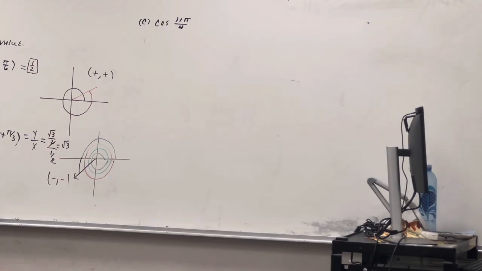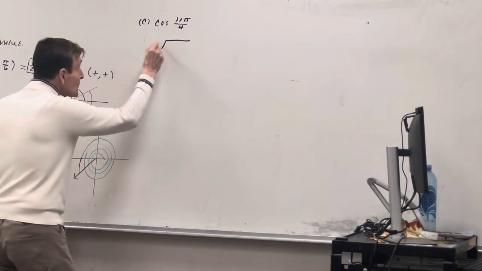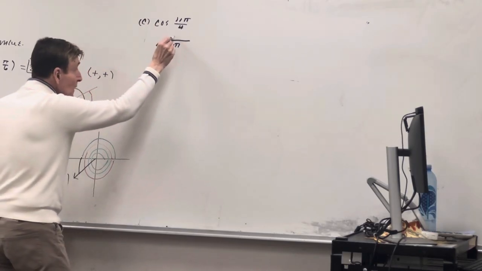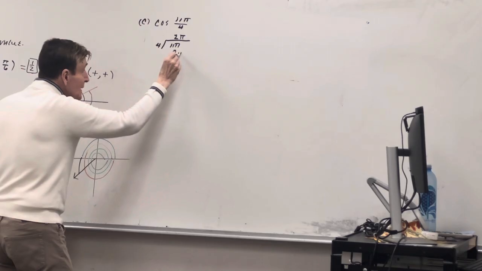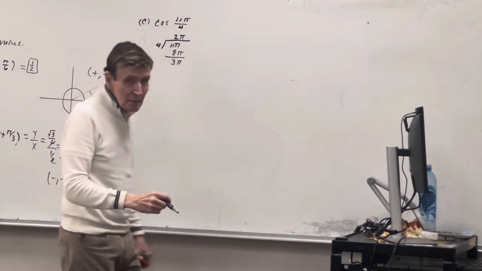Joseph? Tell the class which quadrant do you think this angle, because it's going to play a part, is located in if I sketch it. Let's find out. Divide 4 into 11 pi. You guys will end up with what? 2 pi here? 8. Is that a remainder of 3? Yes or no?